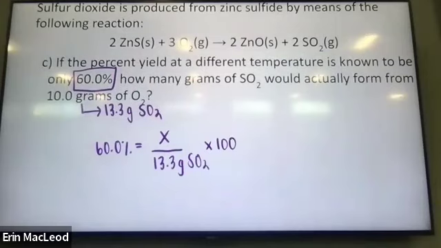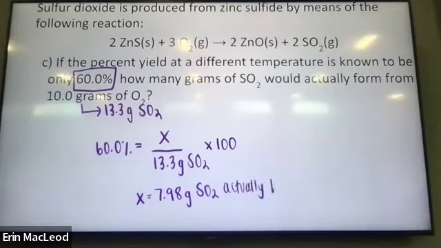But knowing that it doesn't work 100% of the time, I know I'm going to make less than that. I'm only going to make 60% of what I think I'm going to make. And if we solve for X, we'll calculate 7.98 grams of SO2 would actually be produced.